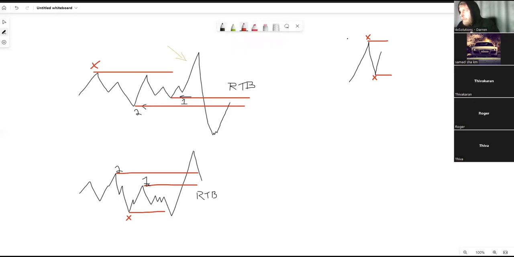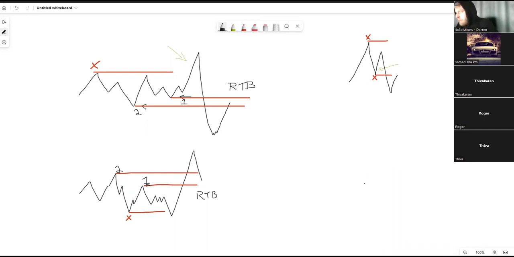And the fact that price makes a failure swing by trading here, this is what we refer to as the mitigation block. So really your mitigation is over in this area here, so that if price returns back there, that is your mitigation.